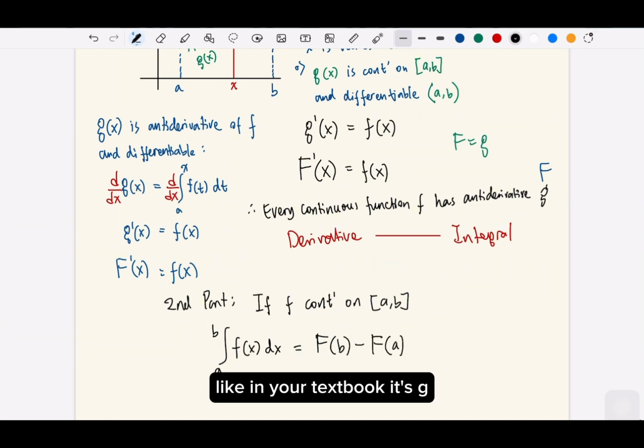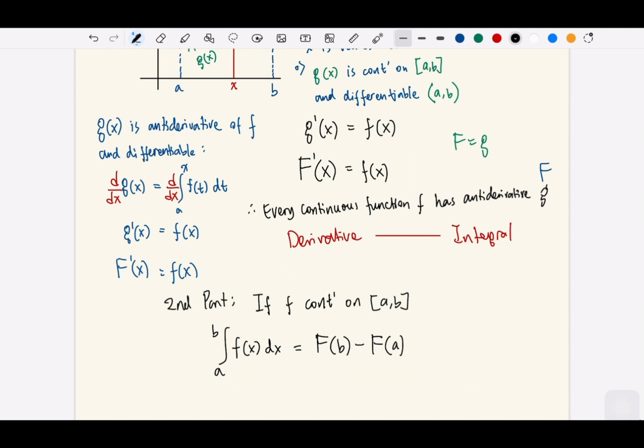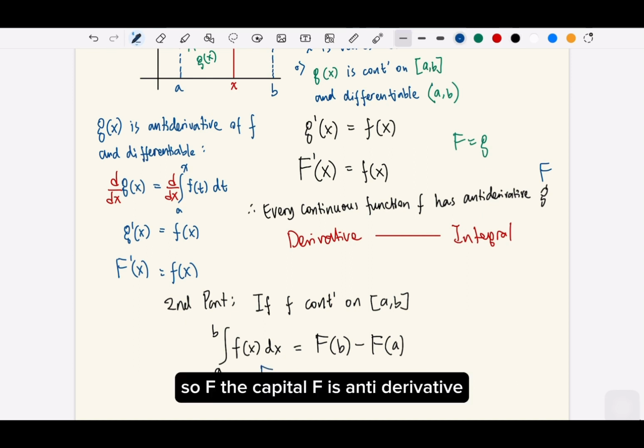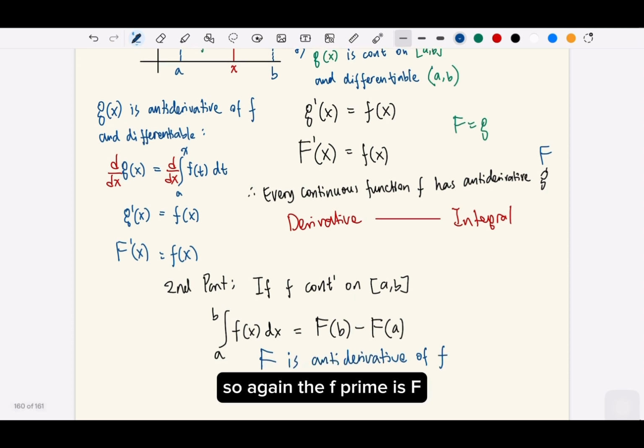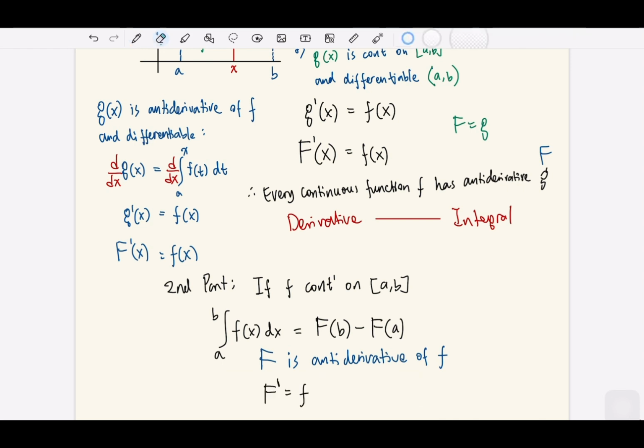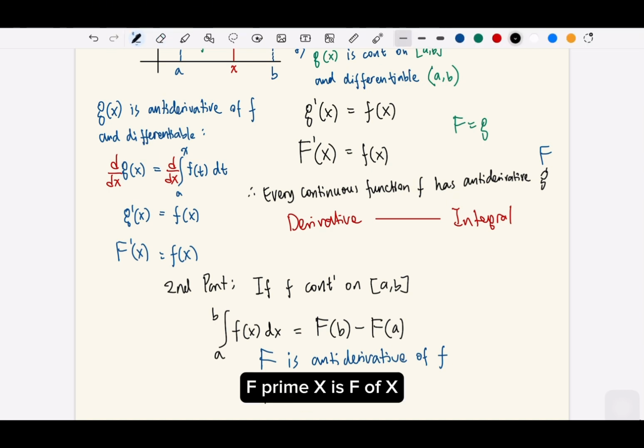Like in your textbook, it's G, but I would like to write with F. So F, the capital F, is an antiderivative of this small f. So again, F prime is f, or F prime x is f of x.